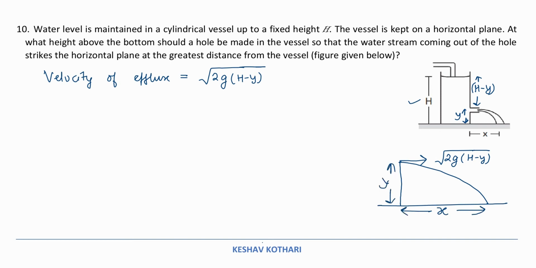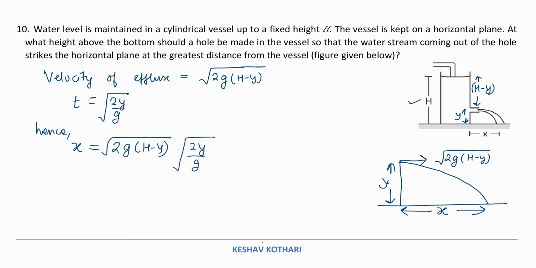So if we write an equation for x, the time duration for this particular fall to take place is equal to square root of 2y by g. And hence the distance x is equal to velocity of efflux into time. So square root of 2g(h minus y) into square root of 2y by g. So this is the total value of x that we have.